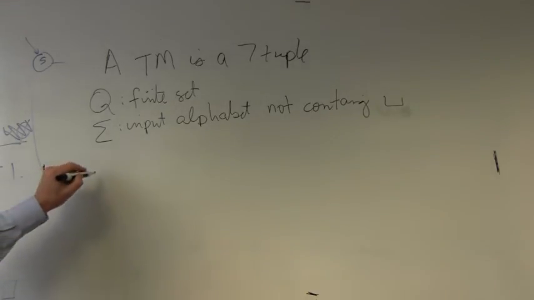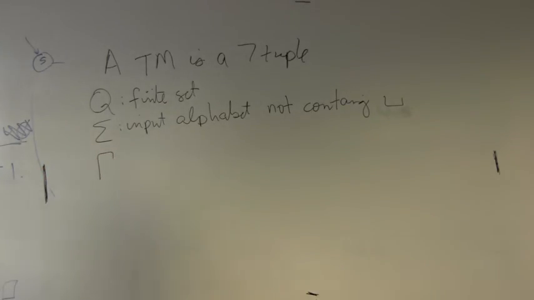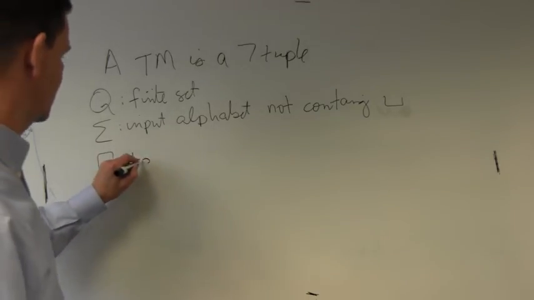And then we're going to have another thing called the tape alphabet, and we're going to represent that using gamma. And gamma contains the blank symbol, but gamma also contains the input alphabet as a subset. So this is the tape alphabet.